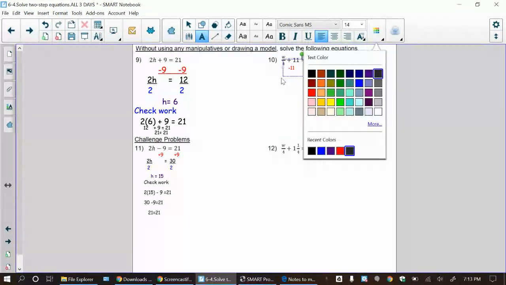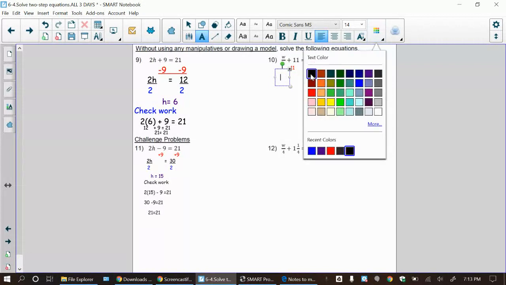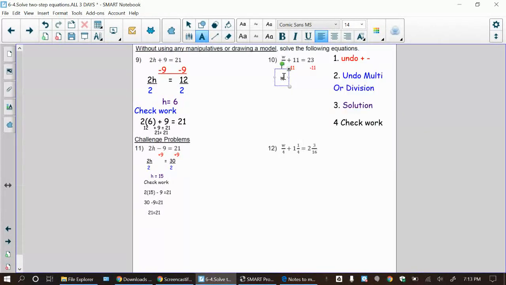And we rewrite our equation as W divided by 4 equals 12. Now this is where it gets tricky. This is division. What's the opposite of division? Multiplication.